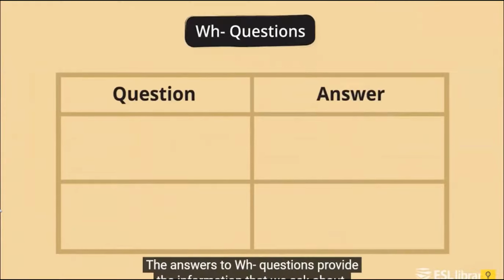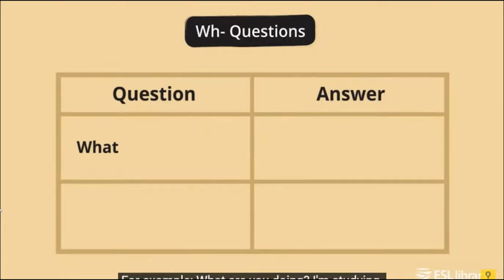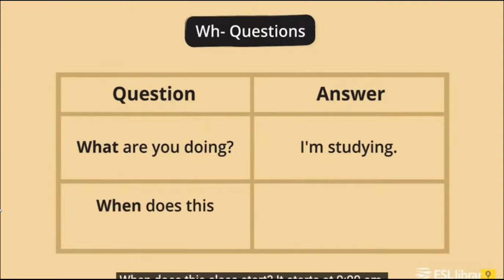The answers to WH questions provide the information that we ask about. For example, what are you doing? I'm studying. When does this class start? It starts at 9 a.m.